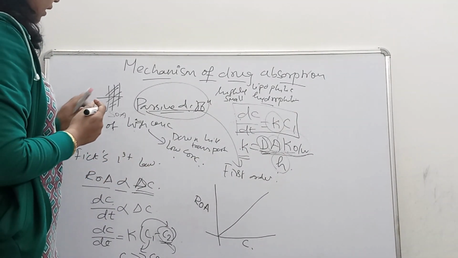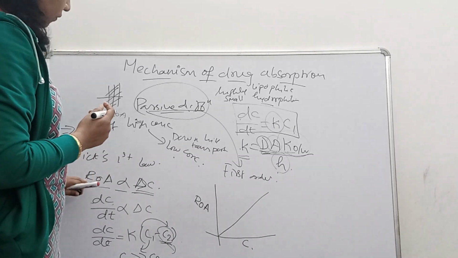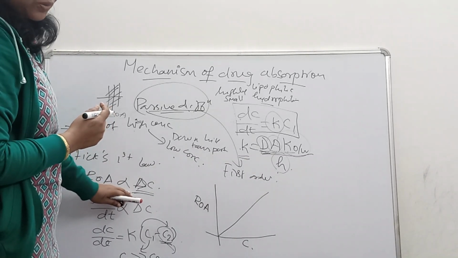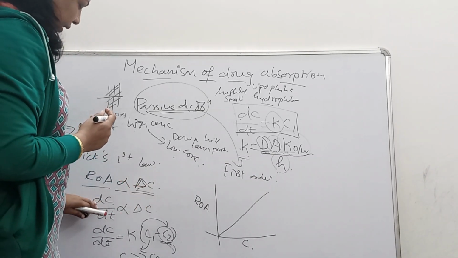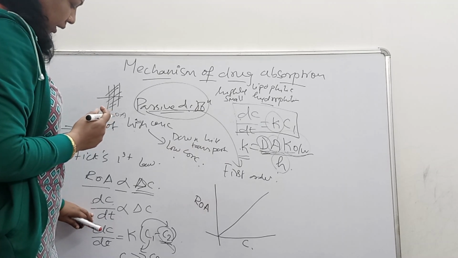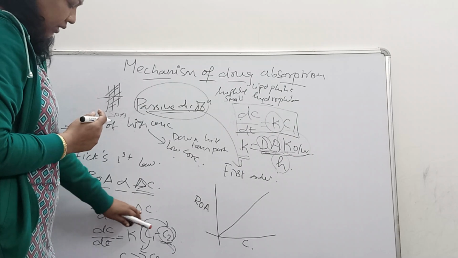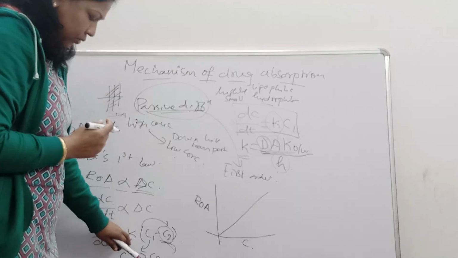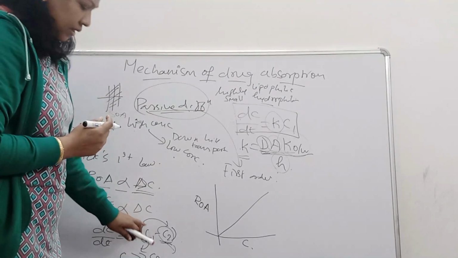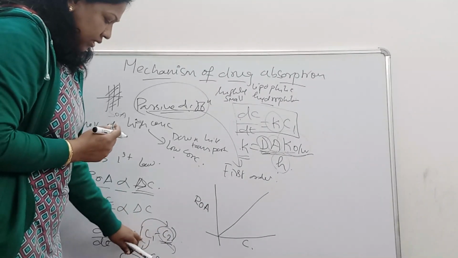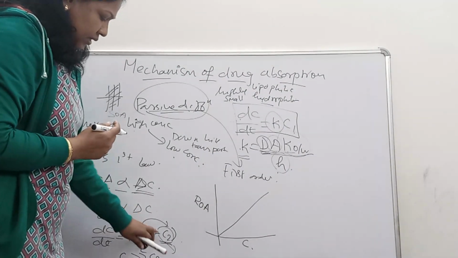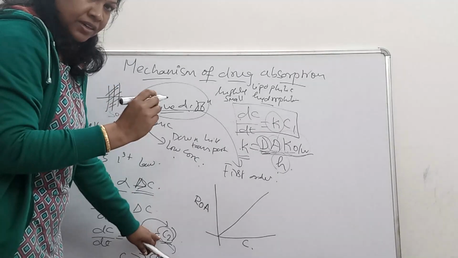So the law governing passive diffusion is Fick's first law, which is rate of absorption is directly proportional to delta C. This can be mathematically explained as dC upon dt is proportional to delta C. Once you equate, it includes a constant, and expanding delta C will give you the two concentrations C1 minus C2. Delta is change, so there should be difference.